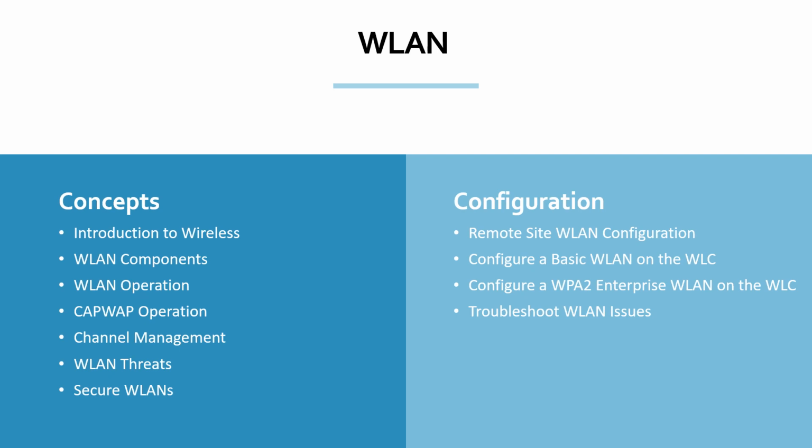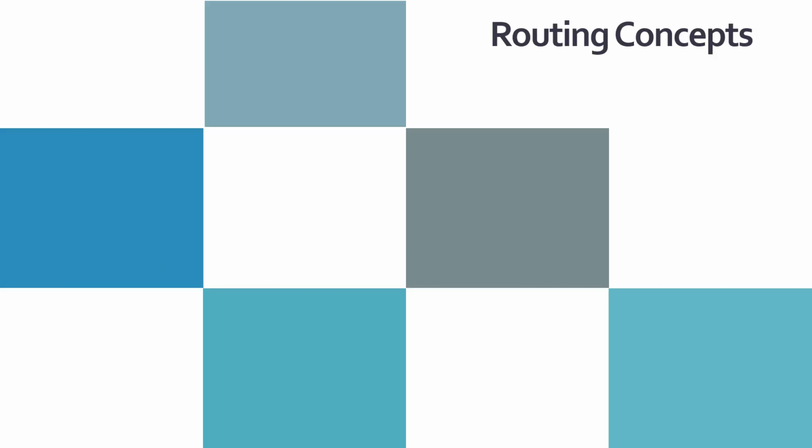It is important information when we study the module of switching, routing, and wireless essentials about routing. In this module we will see the routing concepts, where we will explain how routers use information in packets to make forwarding decisions.